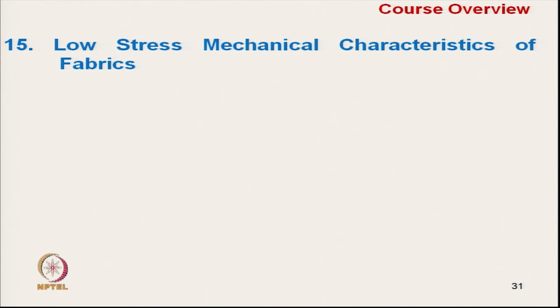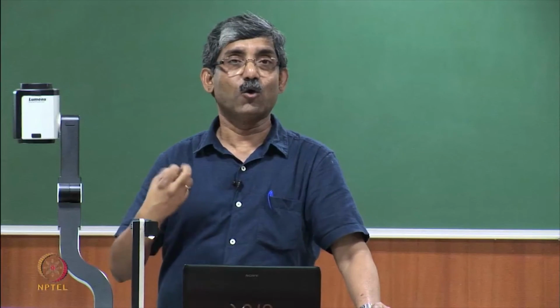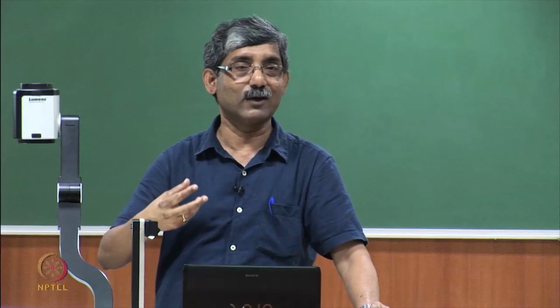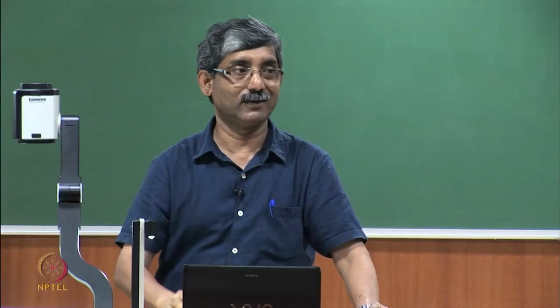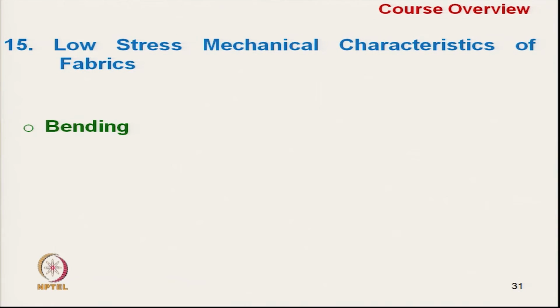Next comes the low stress mechanical characteristics of fabric, which is related to fabric handle, where we apply low stress, it is not high stress, we are not going up to the breaking point. Okay. So, low stress mechanical characteristics talk about bending. So, bending of fabric we will measure and understand, and then shear characteristics of fabric, these are our low stress characteristics.